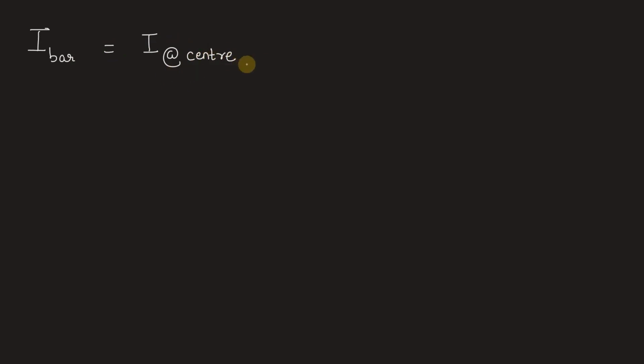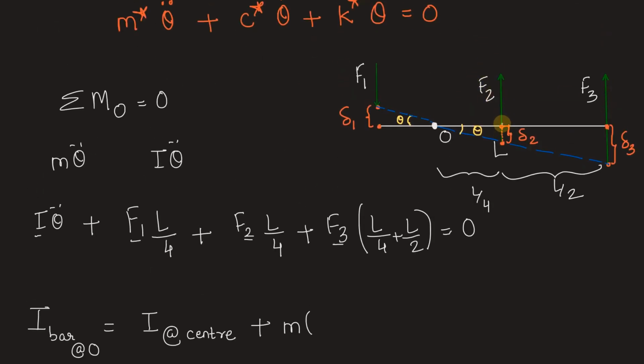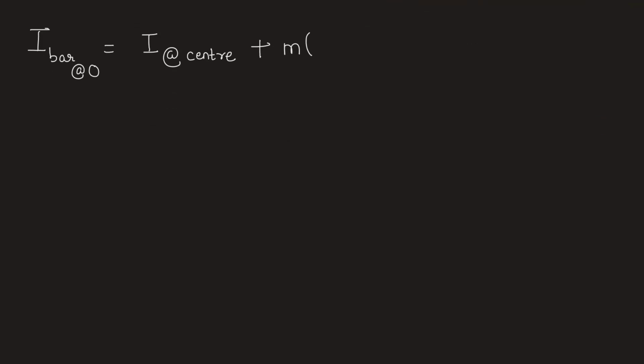We don't want the moment of inertia about the center, we want it about point O. So it is equal to the moment of inertia about the center plus the mass of the bar times the distance of point O from the center squared. The center of the bar was here and the distance from point O is nothing but L by 4, so we take L by 4 whole square.